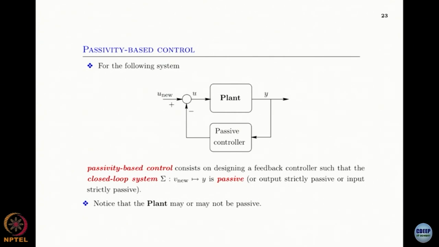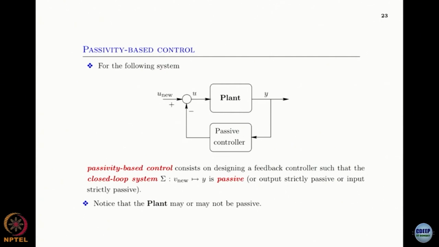If the plant is not passive initially, you apply a controller, if possible, to render it passive. At the end of the day, what you want is to enforce or create passivity in your system. So passivity-based control is about designing a controller in a way that the closed loop system is passive.